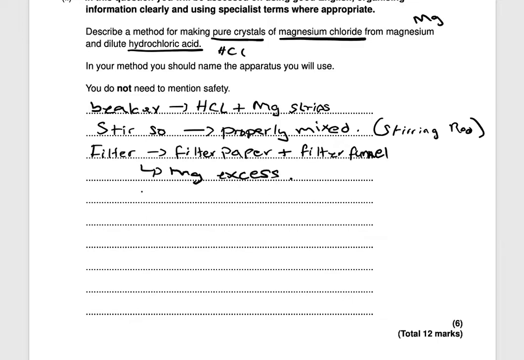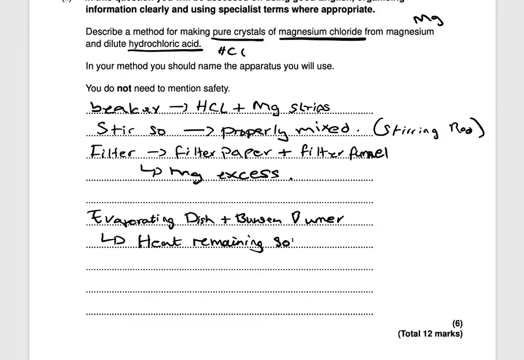Okay, now after you've filtered it out, then you're going to use an evaporating dish. So you're going to use an evaporating dish and a Bunsen burner to heat the remaining solution. So you're going to heat the remaining solution, and you're going to leave it to form crystals.